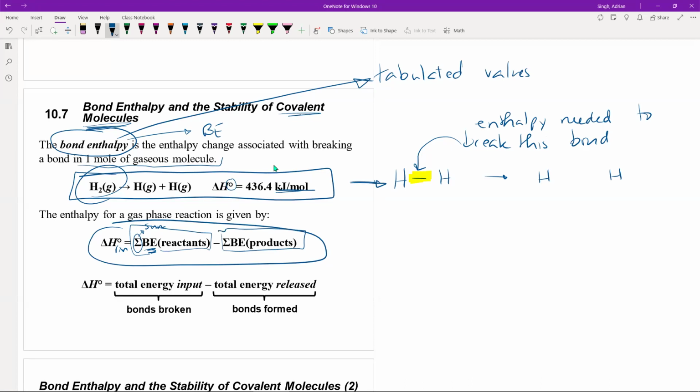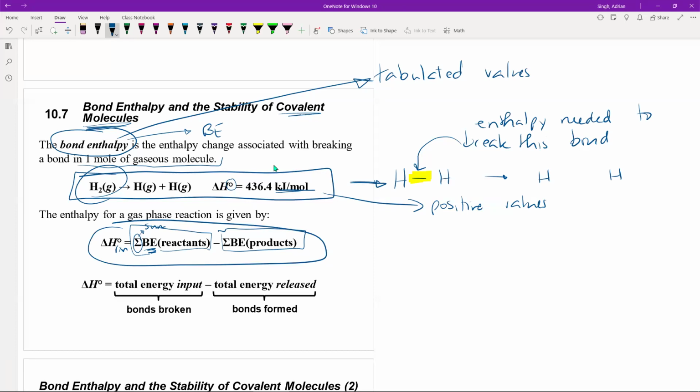All right, so you'll notice here that the bond enthalpies are all positive values. This amount of energy is needed to break that bond, which means when bonds form, that energy gets released, and that would then mean that the sign becomes negative.